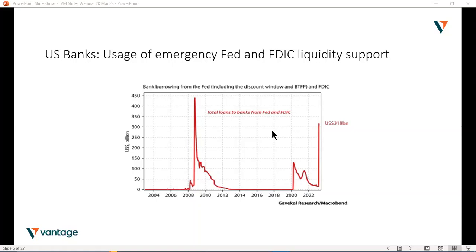Markets were looking at this to see how needy banks were effectively, and you can see a massive spike. So a big worry, and it really shows how vulnerable the sector potentially still is to falling deposits, and people taking their money out of some of these small regional banks.